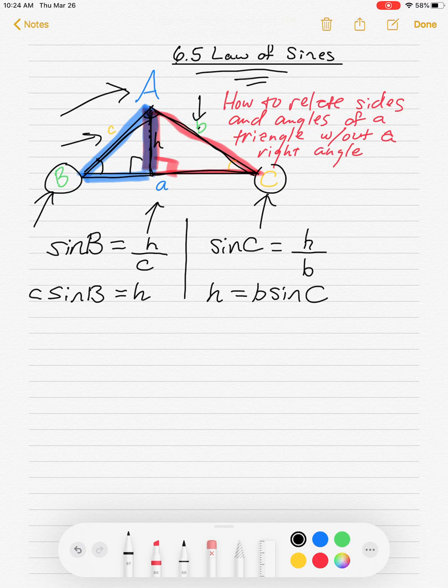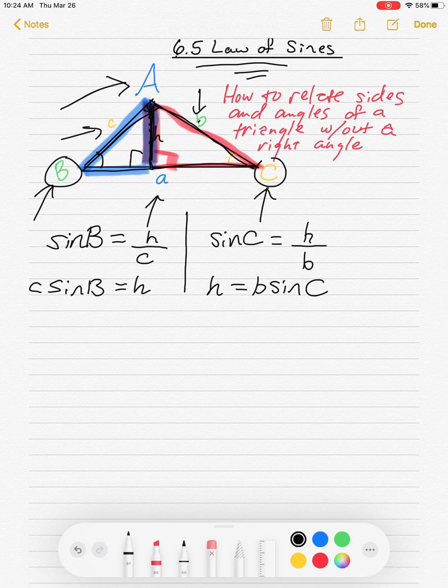But what I know is that these two H's are the same, right? The height of this triangle is the same. So that would imply that C sine of B would have to be equal to B sine of C.